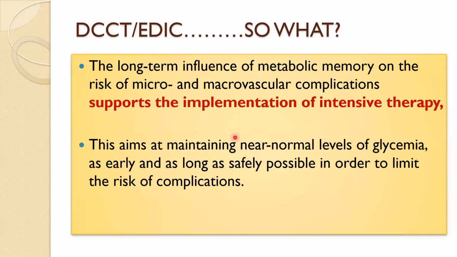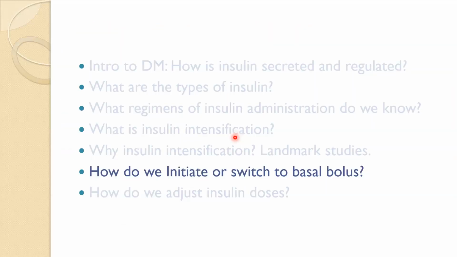So there's scientific proof that we need to implement intensive therapy. And having said that, if you have a patient, a child or adolescent, who can access intensive therapy and you're not transitioning that child on it or starting that child on it, then you're doing a disservice to the child.